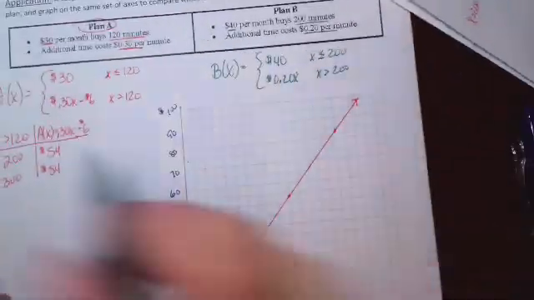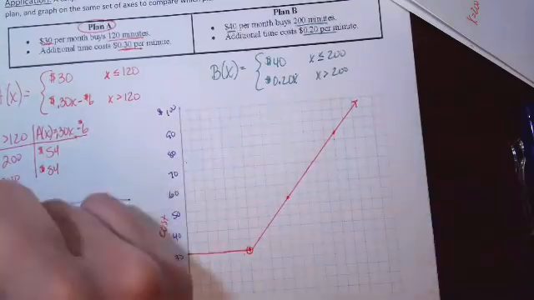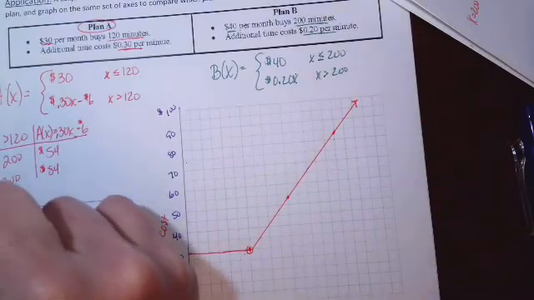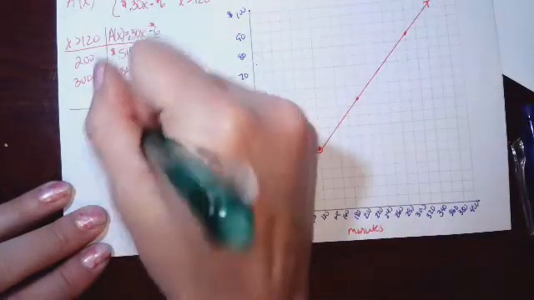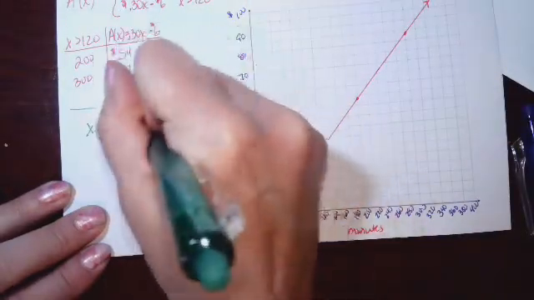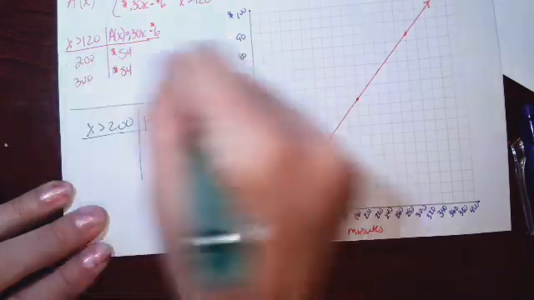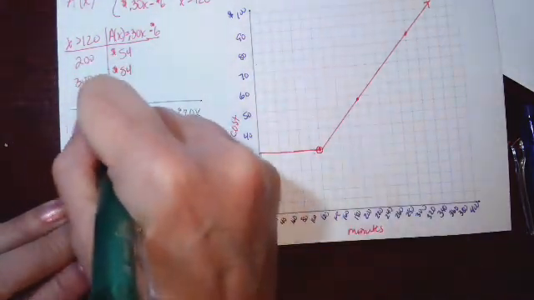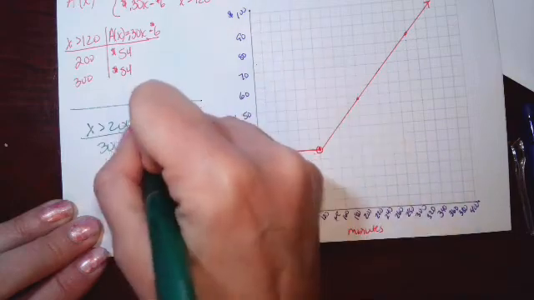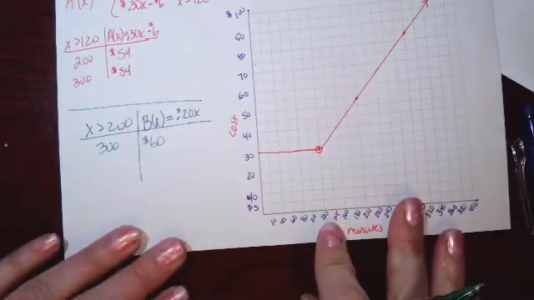Let's set up our piecewise there. So if I'm going over 200 minutes for this plan B, B of x charges 20 cents a minute after 200.